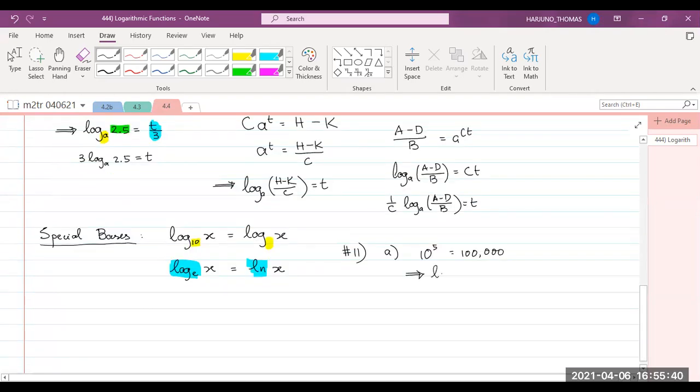Log base 10, which we don't write the base anymore because it's base 10, of 100,000 equals 5. Part B, 10 to the negative 3 equals 0.001. And in log form, we don't write the base 10. We just write log 0.001 equals negative 3, and that's it.